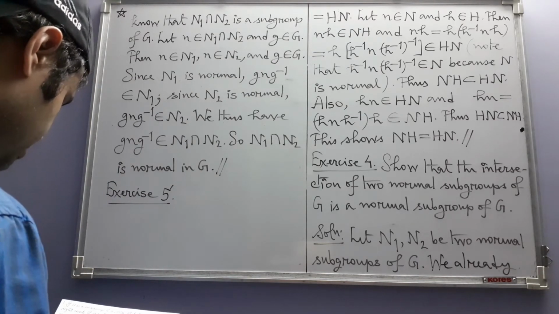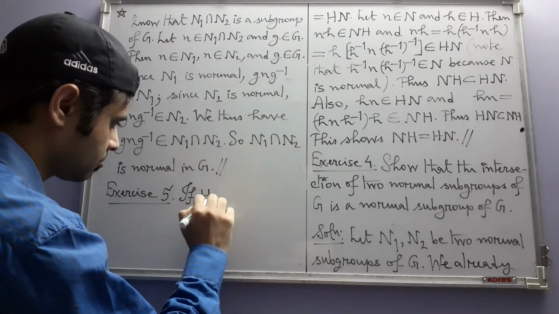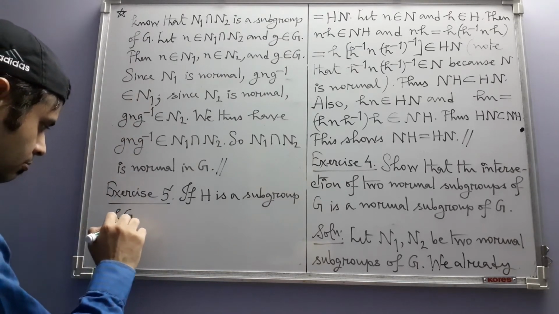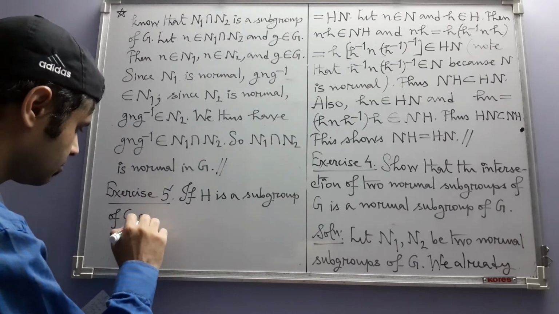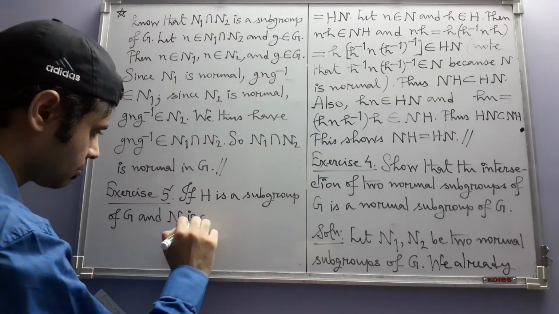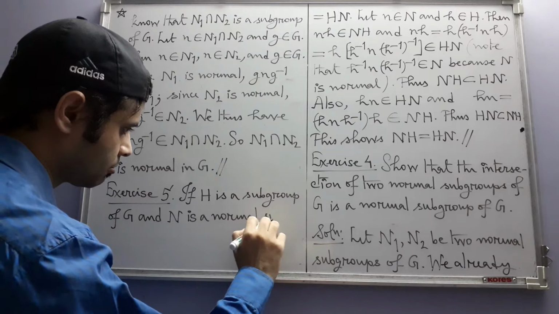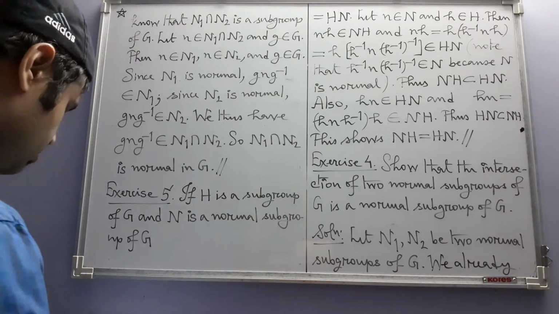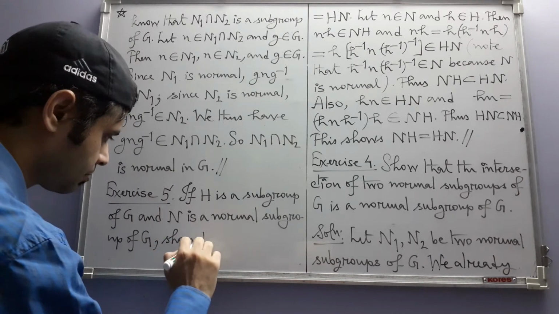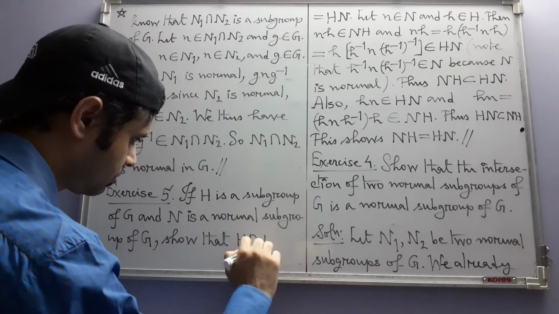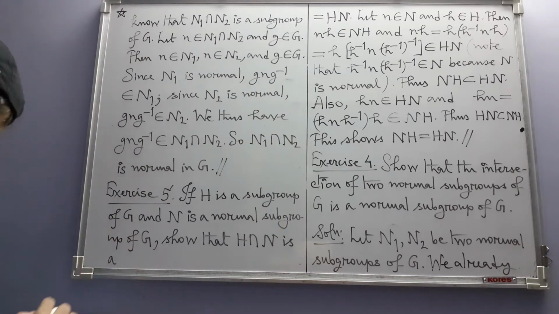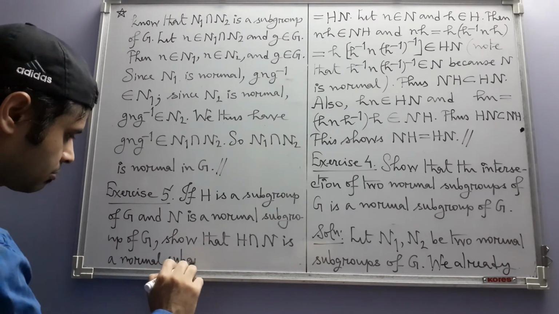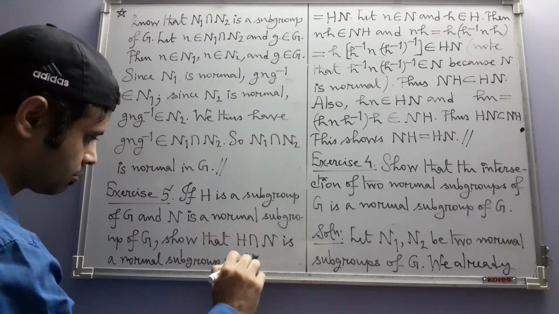If H is a subgroup of G, and N is a normal subgroup of G, show that H intersection N is a normal subgroup of H.